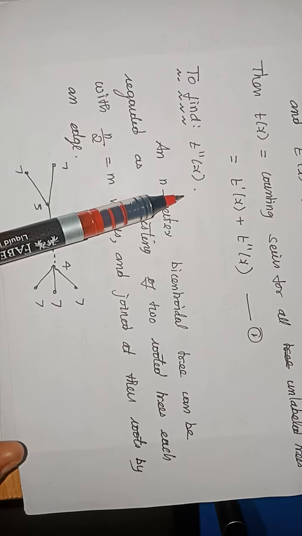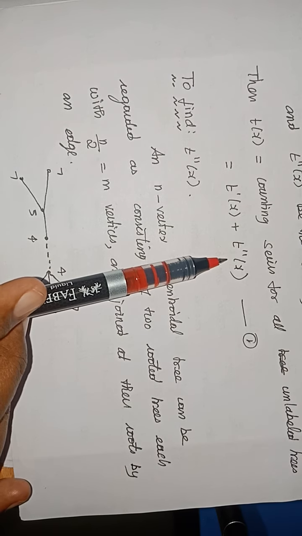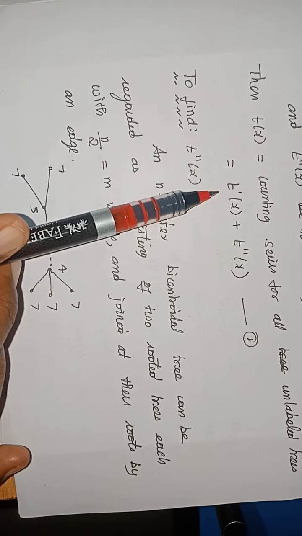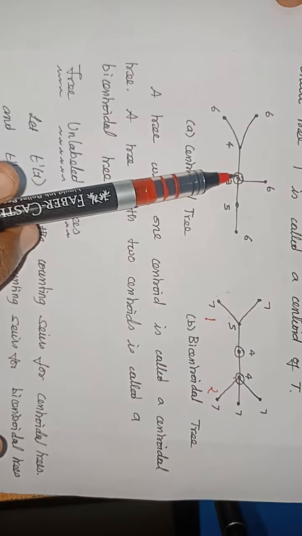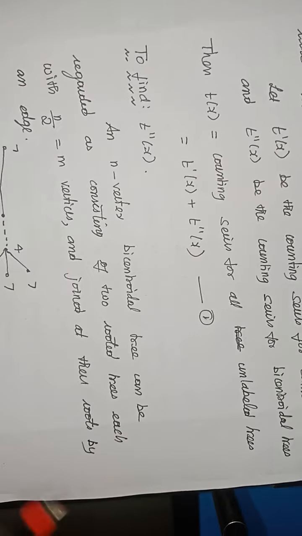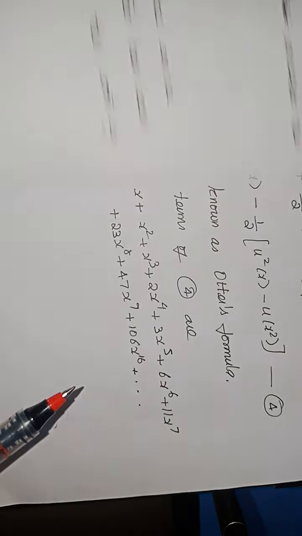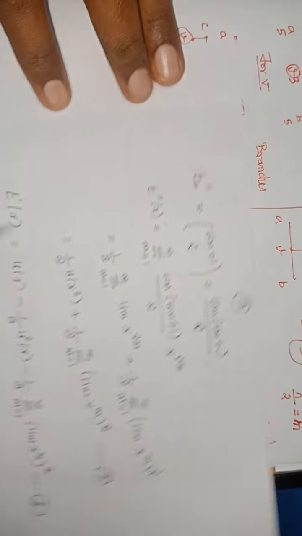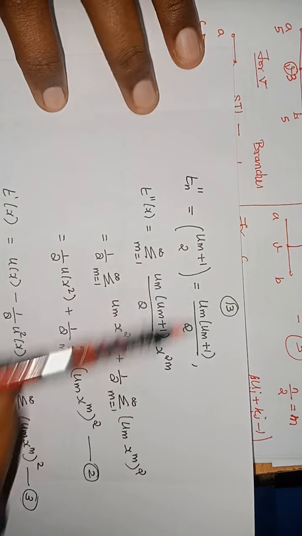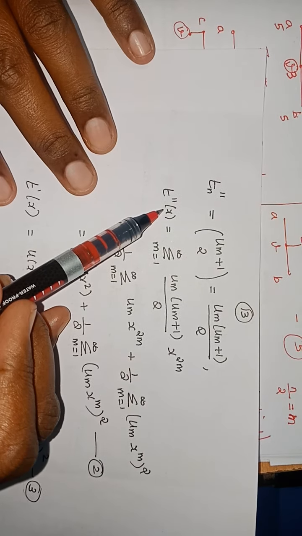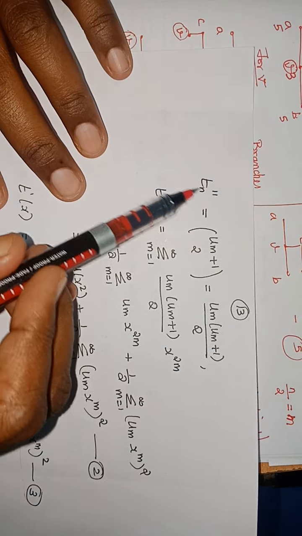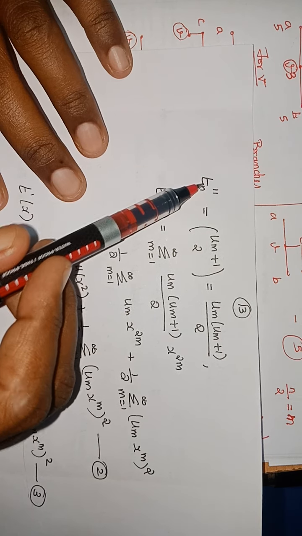Just now I explained that T double dash represents bicentroidal trees formed with n vertices. T dash represents centroidal trees. Centroidal trees are nothing but a rooted graph with one and only one vertex, which we followed in previous sessions. So for bicentroidal, we have just seen the possibilities: um into um plus 1 by 2.